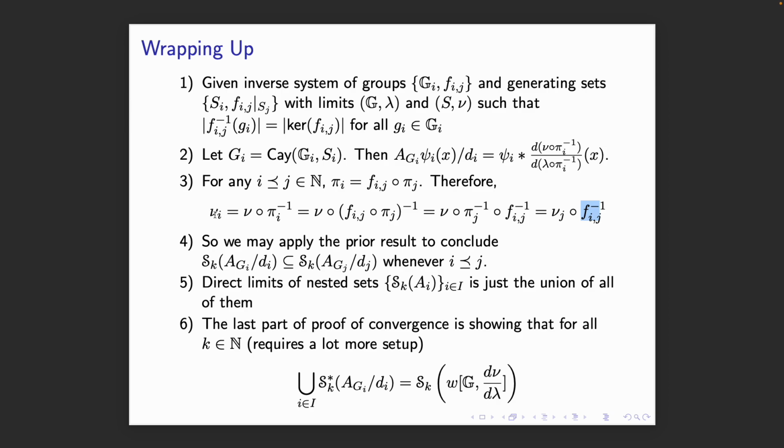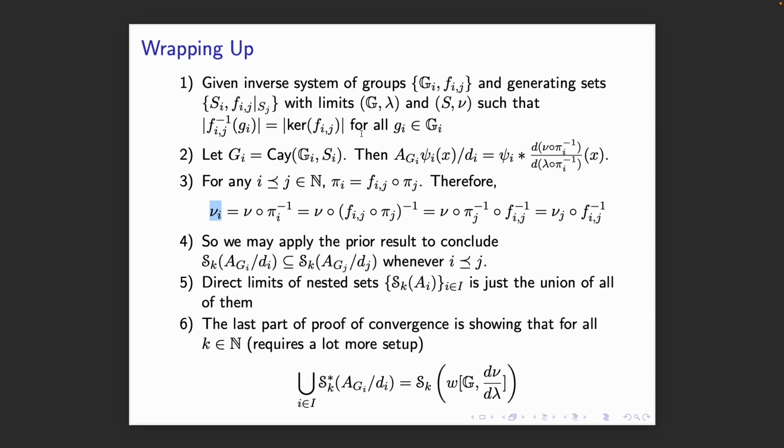By definition, nu_i is nu composed with the preimage of the projection pi_i. Pi_i is the composition of f_ij and pi_j. When you take the preimage of this composition, you're composing nu with the preimage of pi_j with the preimage of f_ij. But by definition, this is just nu_j. And so therefore, we have the relationship we need.